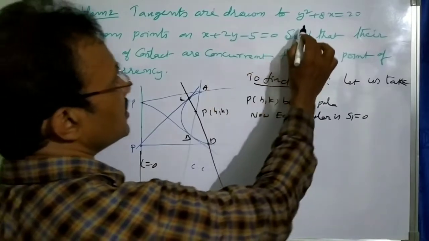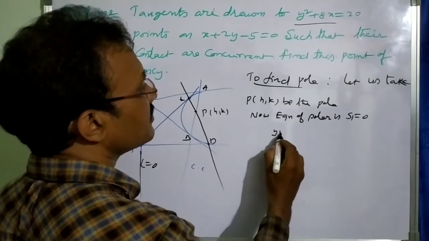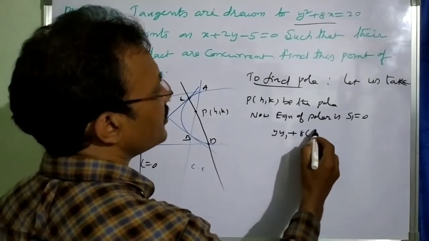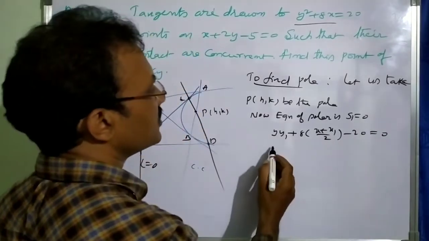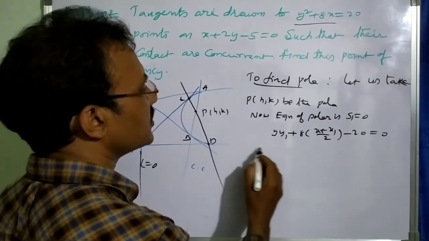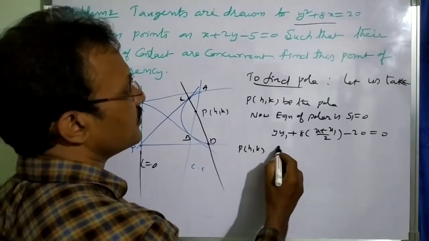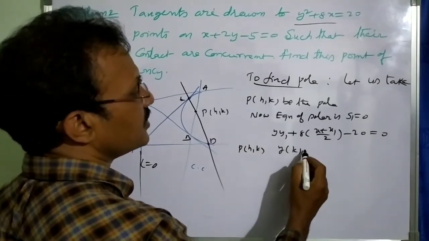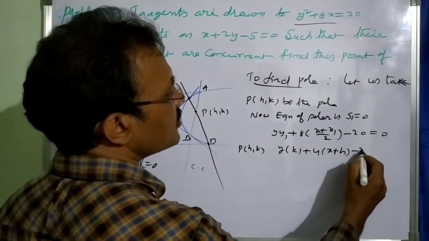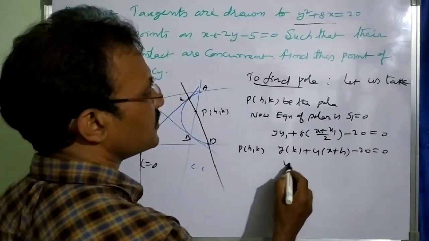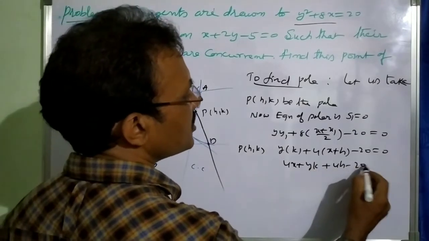So with respect to the given conic, S1 is y1 plus 8 into x plus x1 by 2 minus 20 is equal to 0. That implies, with the point P as H, comma, K: y into K plus 4 times of x plus H minus 20 is equal to 0. That is 4x plus yk plus 4h minus 20 is equal to 0.